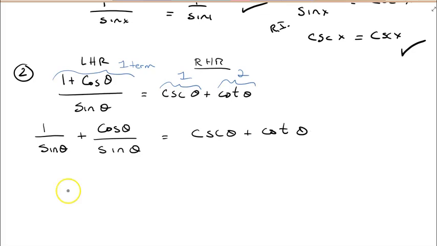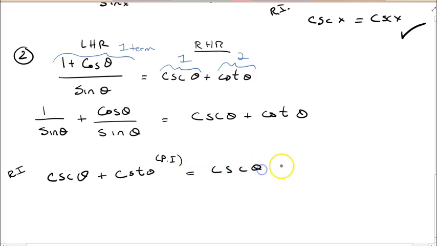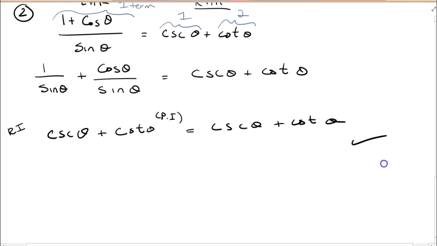So you might recognize, oh, wait a minute, 1 over sine is cosecant because of a reciprocal identity, right? Cosine over sine is cotangent because of a Pythagorean identity. Notice I put the identities I used. Oh, I didn't have to do anything to my right-hand side. Right-hand side stayed cosecant theta plus cotangent theta. They equal each other. So let's move on.